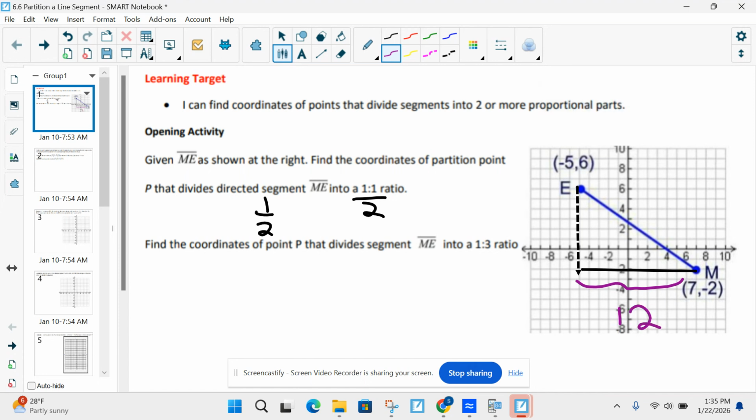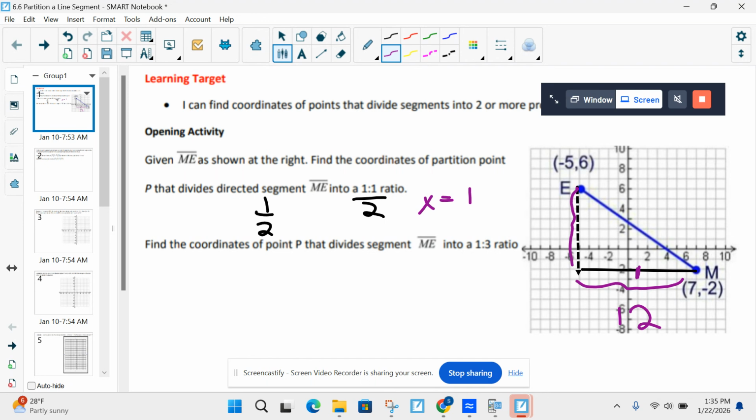What is half of 12? 6. That means that the point P is 6 units over from M, so it would be at 1. I'm going to make a mark here, or maybe I'll also write it here. So x is 1. And then the vertical distance from M to E is from -2 to 6, which is 8 units.